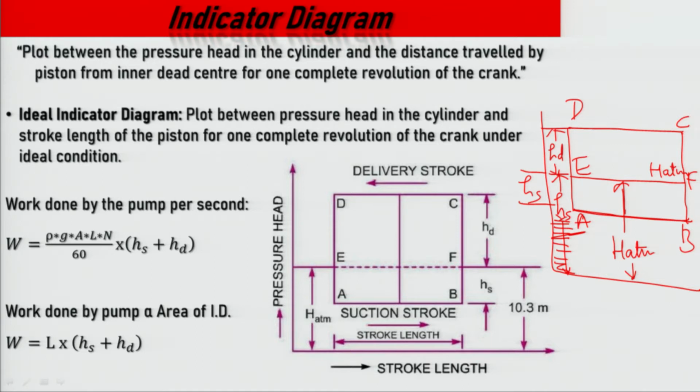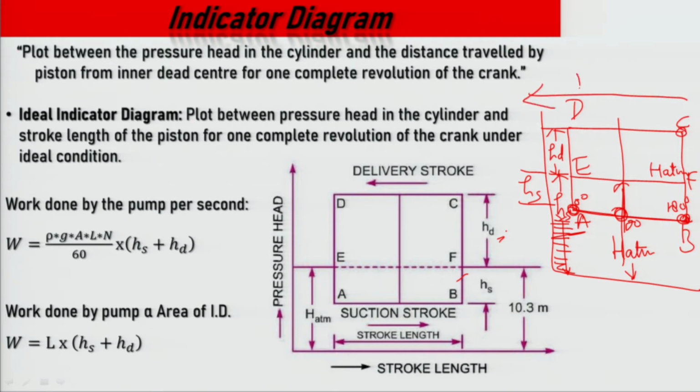In the realistic case it is not constant all the time, but in the ideal diagram we assume this H s is constant and below atmospheric. This line is AB. Theta 0, middle 90, and this one is 180. This is the beginning of stroke, the middle, the end of stroke, and the beginning of delivery.